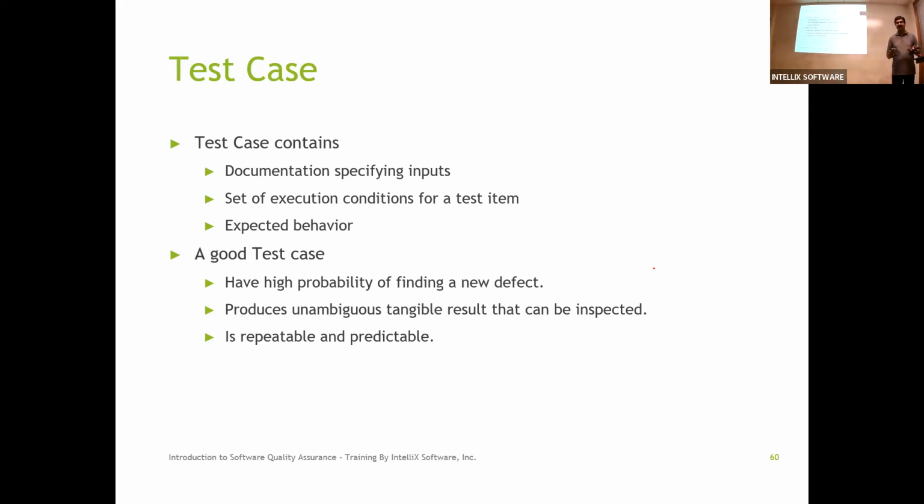So my test case scenario should be clear and always produce a clear result, whether it's passed or failed, whether it's a bug or not. If I don't know whether it gives me the result or not, then it's not testable. The test case should be testable.